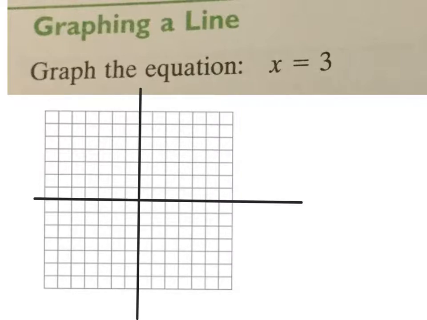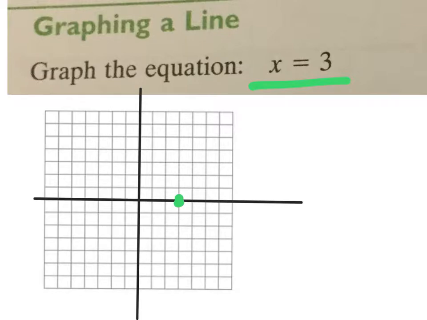If I'm told to graph where x equals 3, I'm going to go on my graph to where x is equal to 3. So we know this is the x-axis. So where on this x-axis is x equal to 3? That would be right here. Right? Now, pick any other point where x is equal to 3.